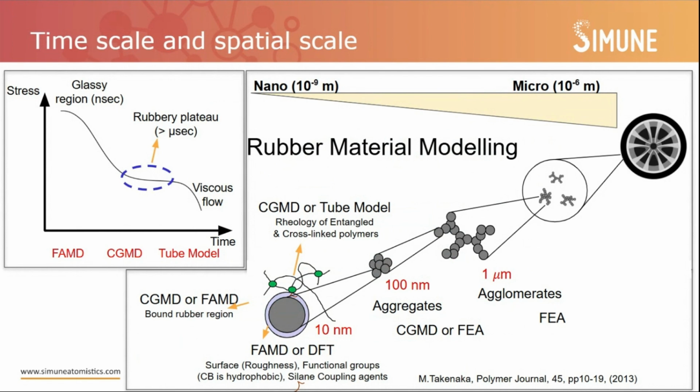For example, if we are looking at the stress-strain response of a material with time, we see that depending on the properties that you want to characterize, you might need to use different kinds of models. So full atomistic or coarse grain or tube models or more. In this case, for rubber materials in general, there are 3 different regions: the glassy region, the rubbery plateau, and then the viscous region. Each of them needs to be tackled with a proper modeler, with a proper engine, with a proper methodology, because they span very different time ranges.